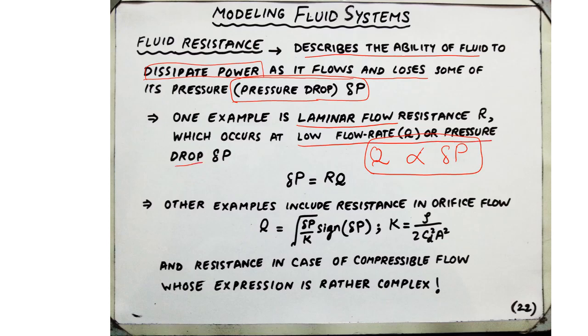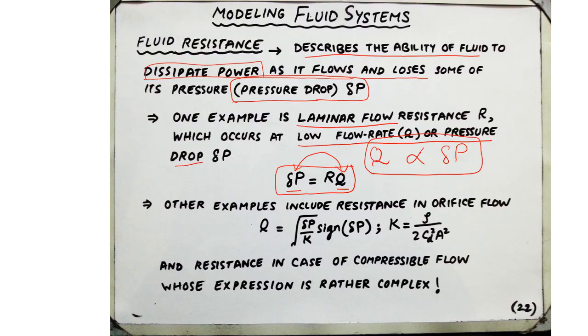So if those assumptions are true, that the flow rate is low enough and the pressure drop is also low enough, then we do have a fluid resistance in which the flow rate is proportional to the pressure difference. So that equation may be true only in case of laminar flow.